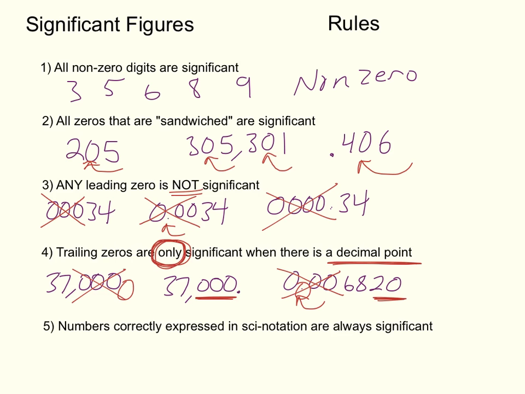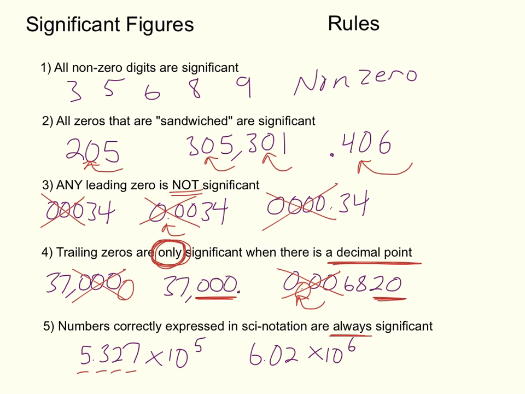Rule number 5, numbers expressed in scientific notation are always significant. So if we give a number such as 5.327 times 10 to the 5th, all numbers are significant. Let's give one with some zeros. 6.02 times 10 to the 6th.